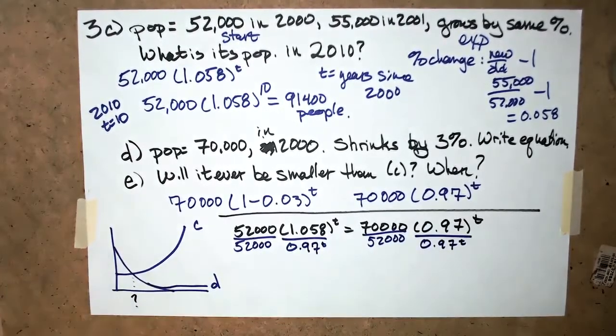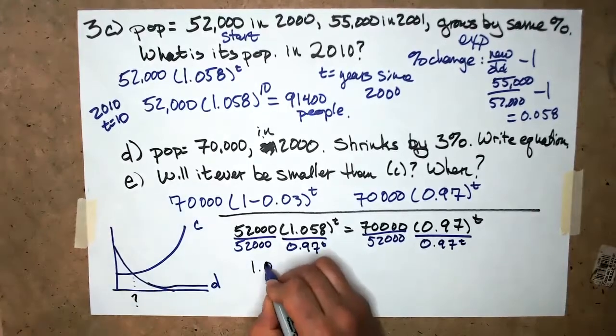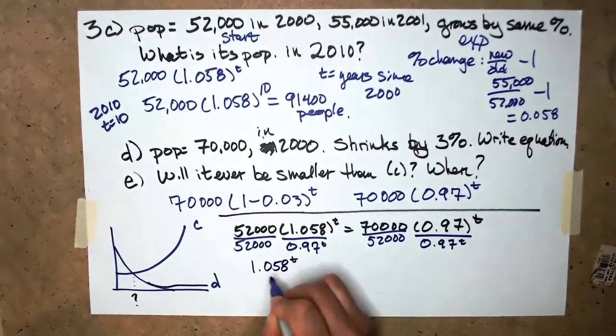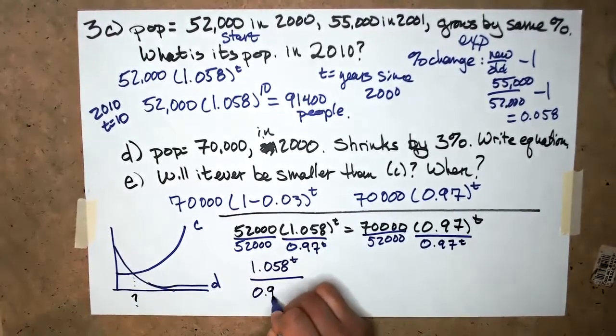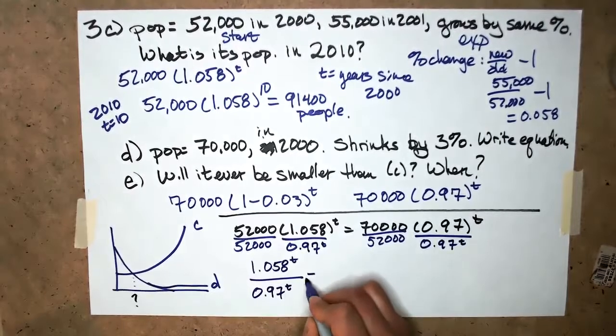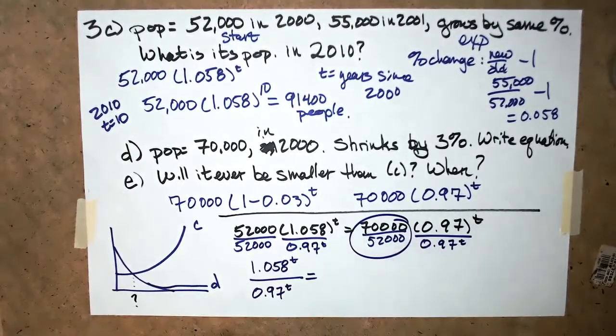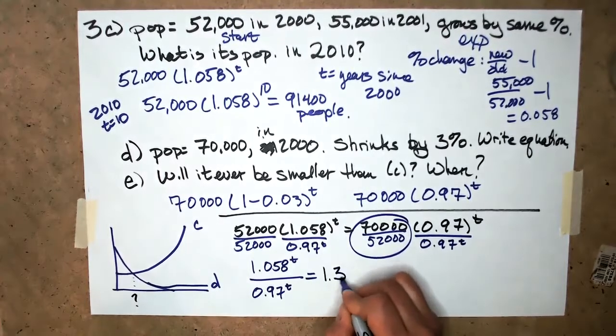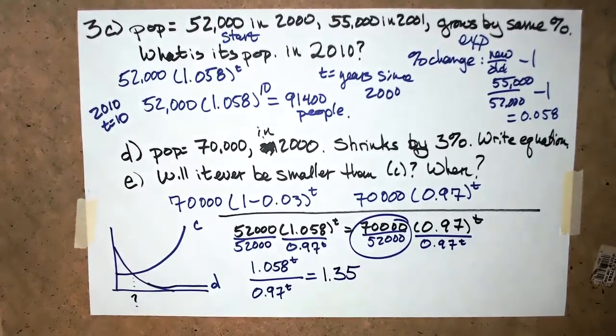And I am looking at 1.058 to the t over 0.97 to the t is equal to what I get when I punch those two into my calculator, which is 1.35. So that's the equation that I need to solve.